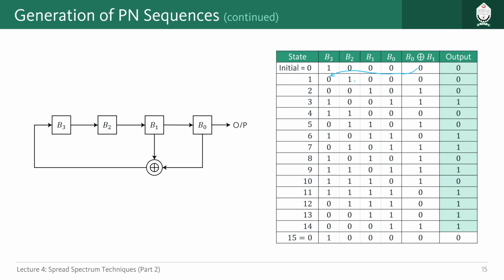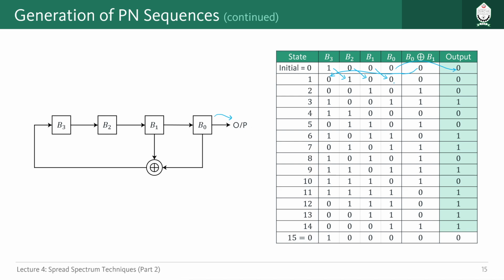And obviously all the contents of each stage will move to its right stage, like this. And in the previous stage, if you remember, B0 will be the output, so that's why B0 is taken here as output for the initial state.